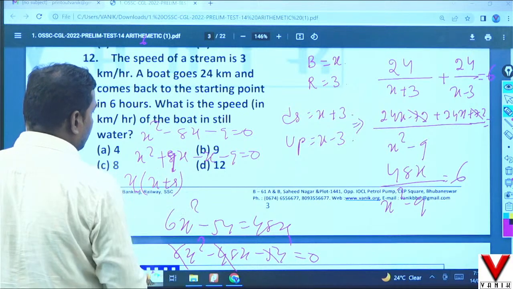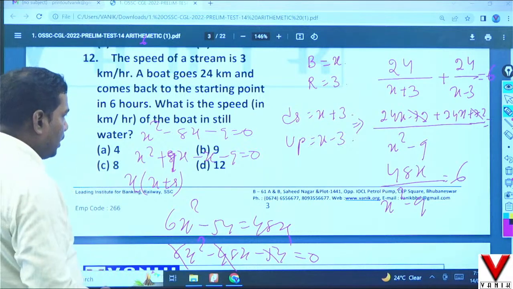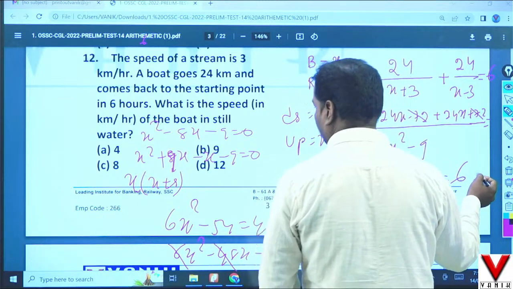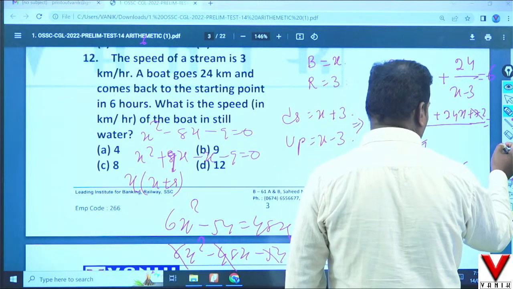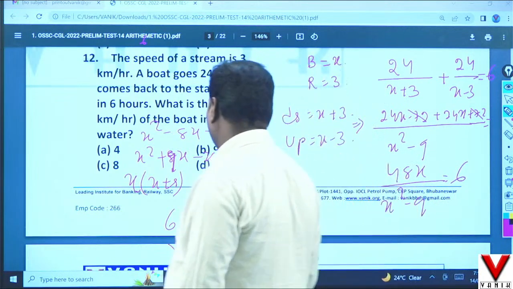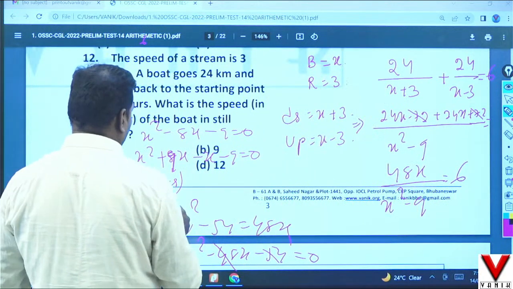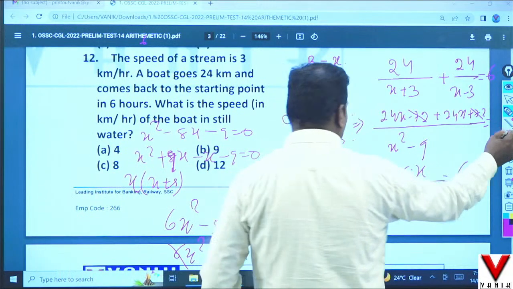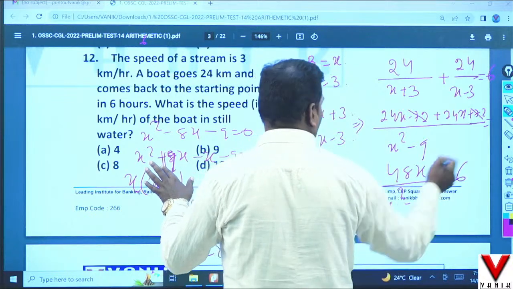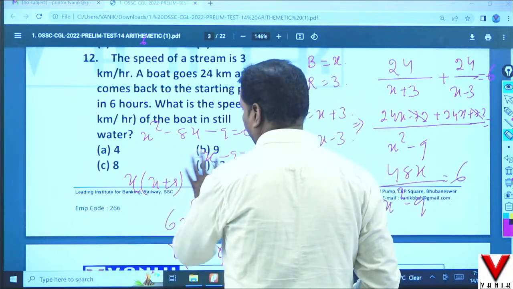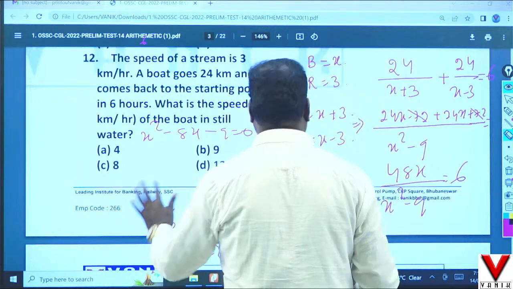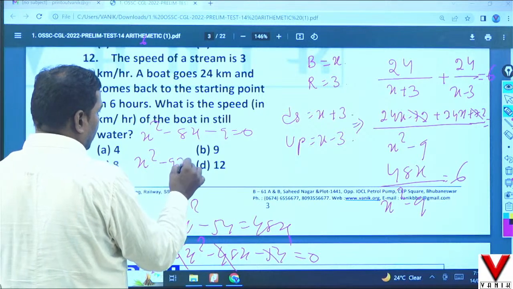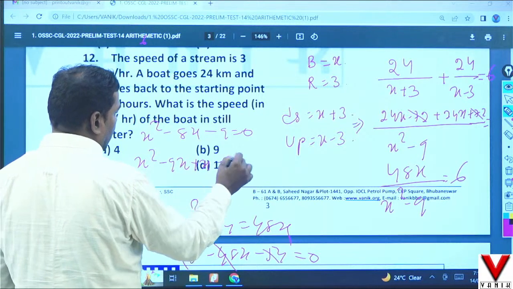The two numbers whose product is 9 and whose difference is 8 are 9 and 1. So x square minus 9x plus x minus 9 is equal to 0.